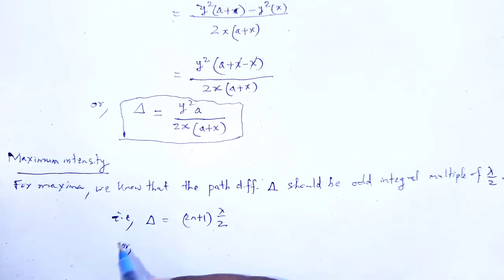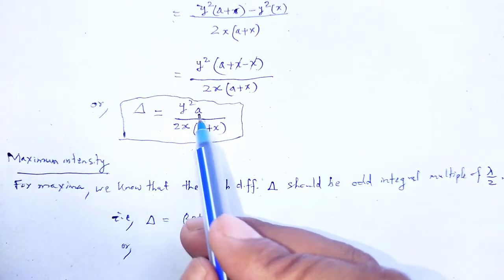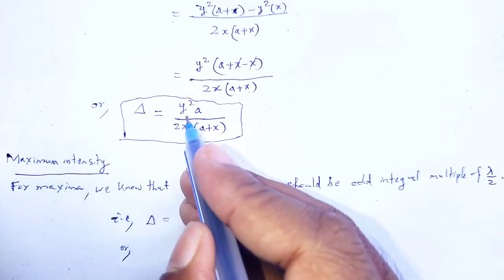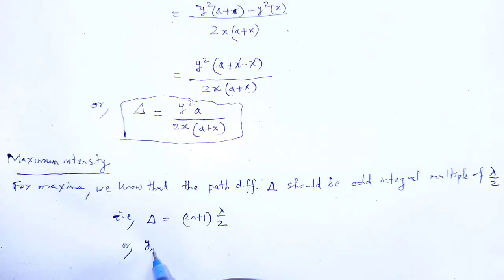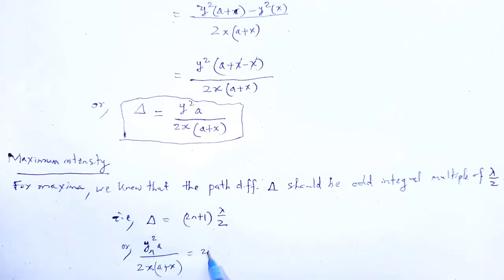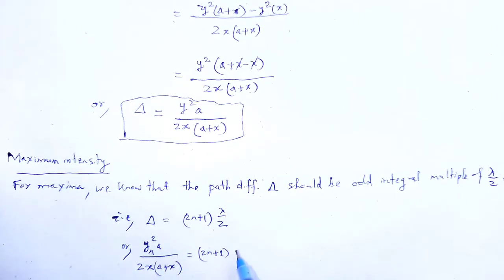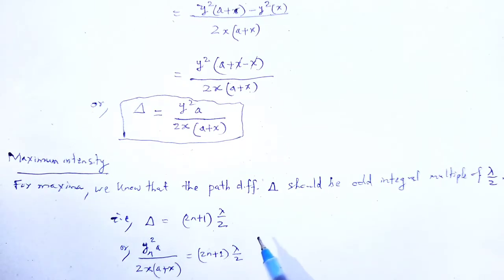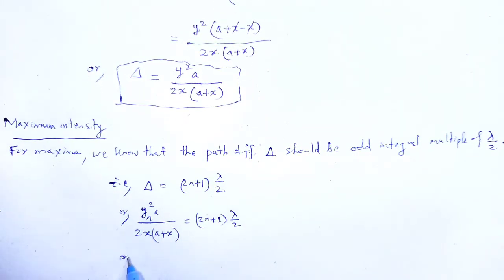For the nth term the path difference is written as yn square a divided by 2x(a plus x), which is equal to (2n plus 1) lambda by 2.